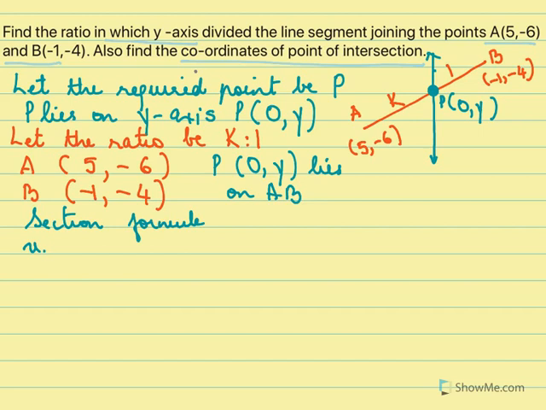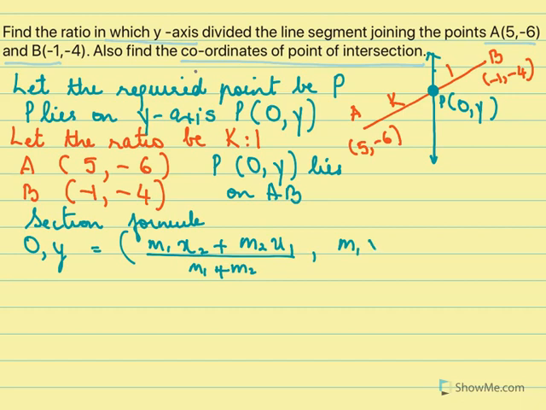we know P is (0, y), which will be ((m1 x2 + m2 x1) over (m1 + m2), (m1 y2 + m2 y1) over (m1 + m2)). Here is my (x1, y1), this is (x2, y2), this is m1 and m2. So we put our values.